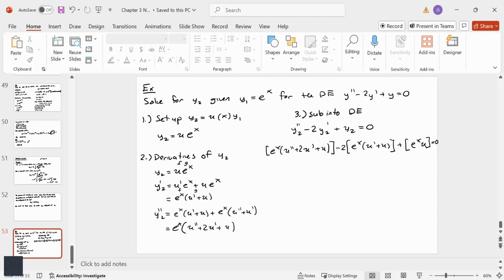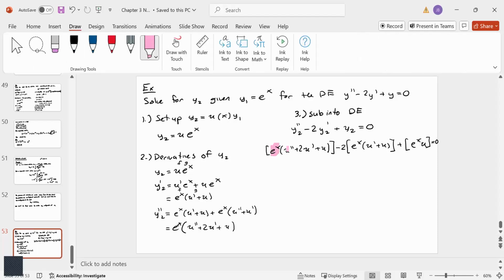And if we notice that they all share an e to the x term, right? If you pay attention to that little detail, e to the x, e to the x, e to the x, I can factor it out from all of them. And then I could just combine like terms. So u double prime plus 2u prime plus u minus 2u prime minus 2u plus u.